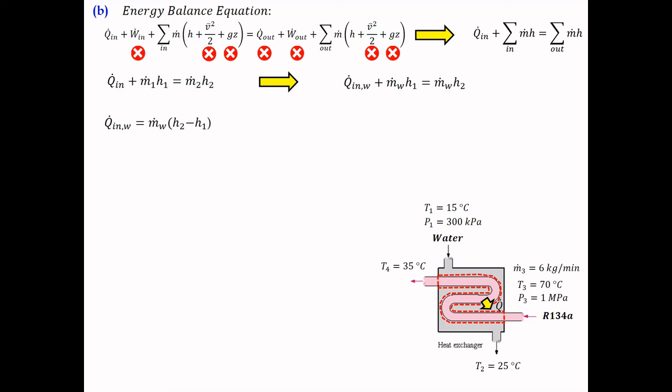So we get Q in dot for the water equal to MW dot multiplied by H2 minus H1. If you substitute all the values that we have for MW dot, H2 and also H1, we get Q in dot, the heat transfer into the water, equal to 1218 kilojoule per minute. So this solves all the equations involved with this example.